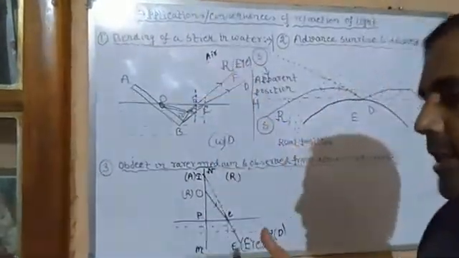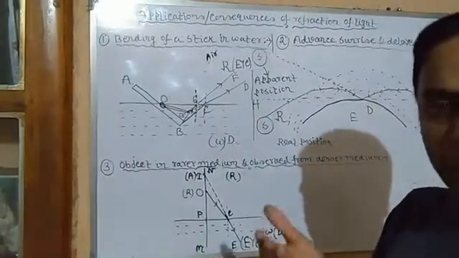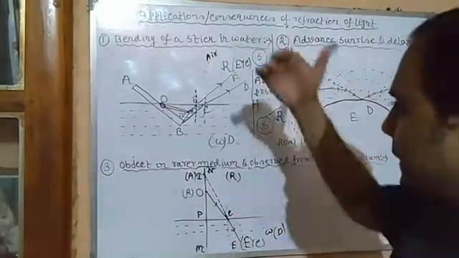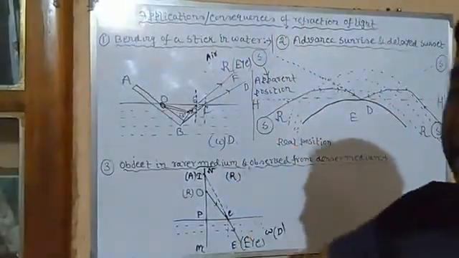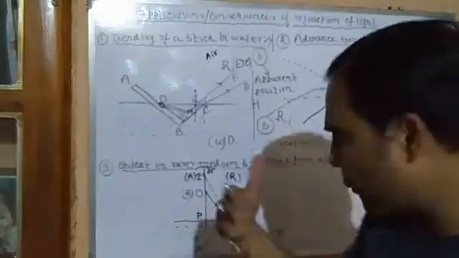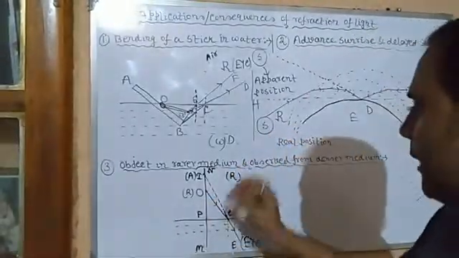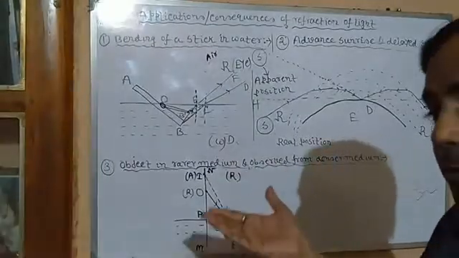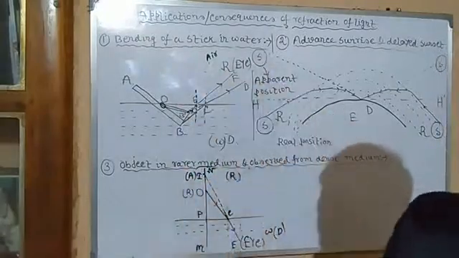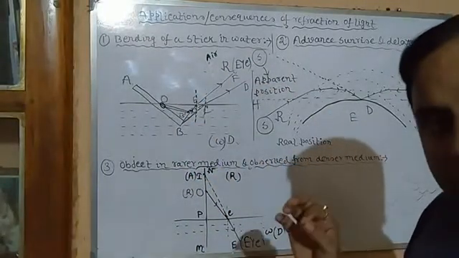It means its depth appears to be less than its original or real depth. But in case of a straight object, it appears to be raised up as well as shortened and broken also. But the opposite thing: if a small object like a coin is placed in a rarer medium and viewed from a denser medium, its depth appears to be slightly increased compared to its real depth.